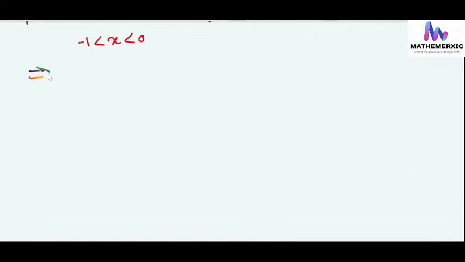So it implies that when we are doing 1 by x, it is 1 by 0.